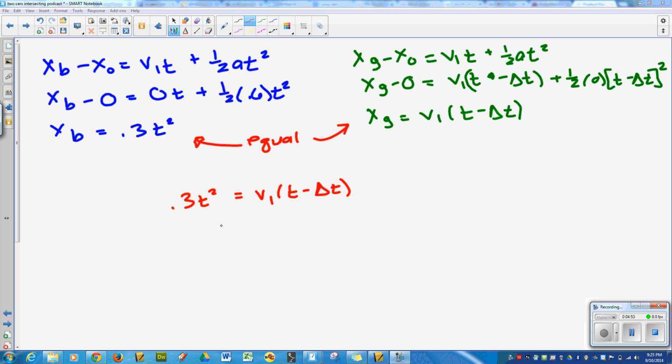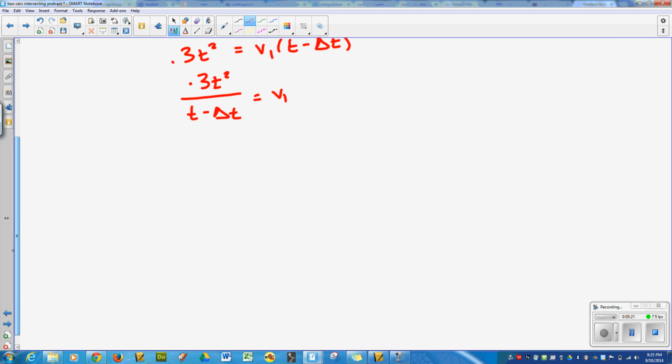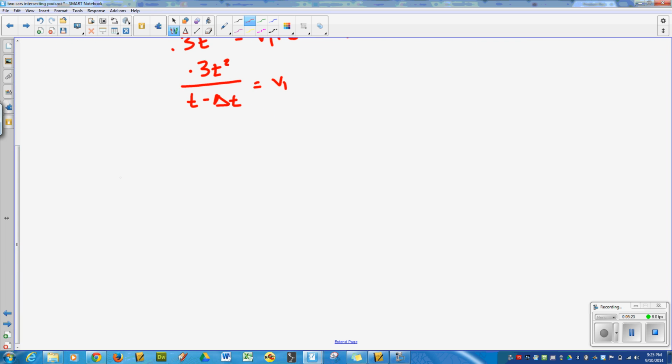Next I'm going to simplify and solve for v. So I'll move the t minus delta t over here. And to find the minimum of the velocity, which is what we're looking for in this question, let me just move this up so we can see the velocity.